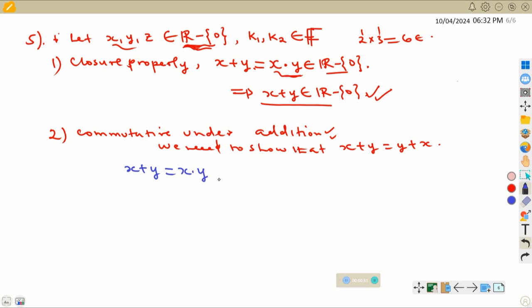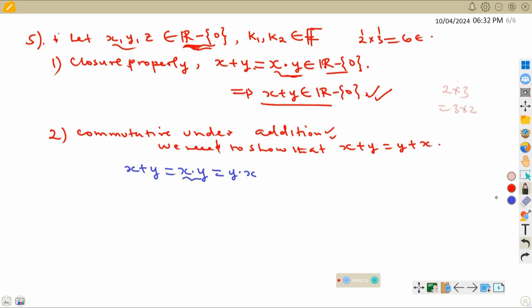But if we have x times y, can we say that this is the same as y times x? Because we know that if you are multiplying two real numbers, x and y, then it is the same as y times x. If you are multiplying 2 times 3, it is the same as 3 times 2.